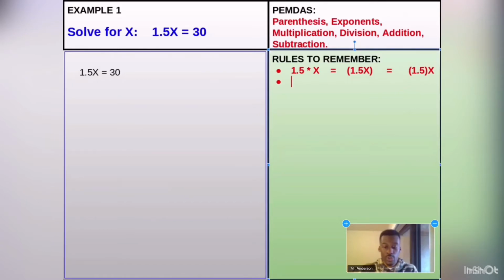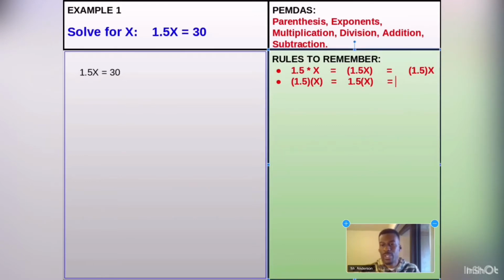You can also do 1.5 in parentheses, and you can do an x in parentheses. Still multiplication. The number is still attached to the letter. In math, we say the letter is a variable. It can be x, it can be y, it can be z, it can be a or b. It really doesn't matter what letter, as long as it's a letter. You can also do 1.5 and put the x in parentheses.